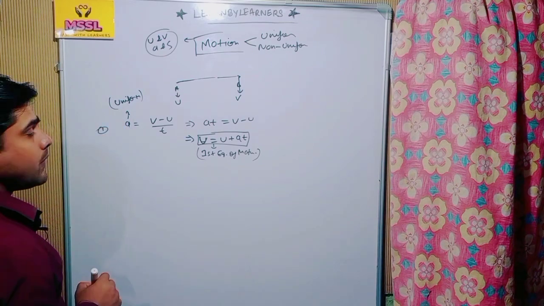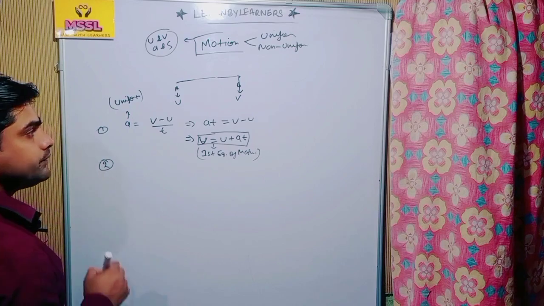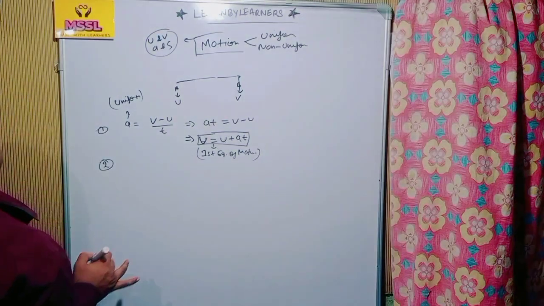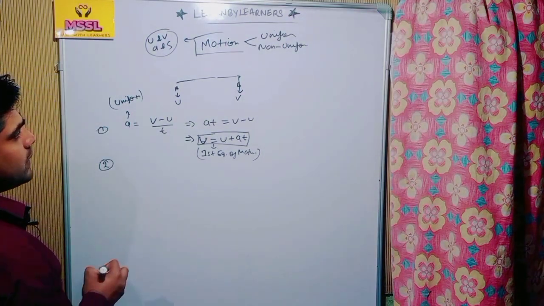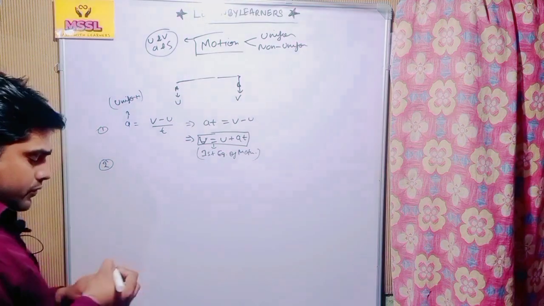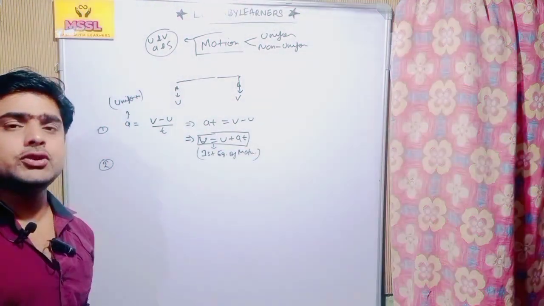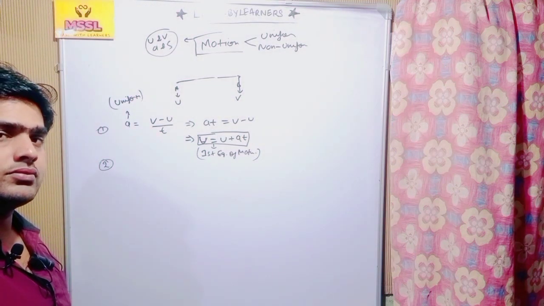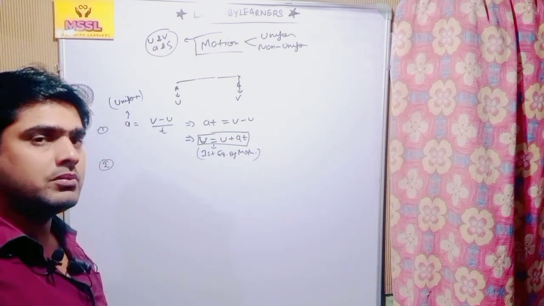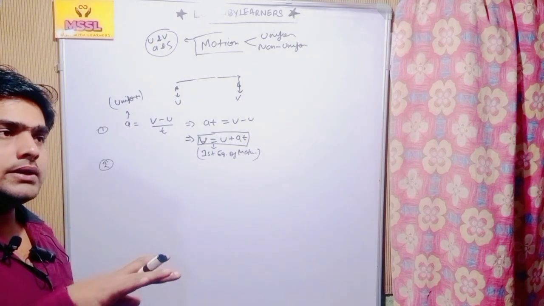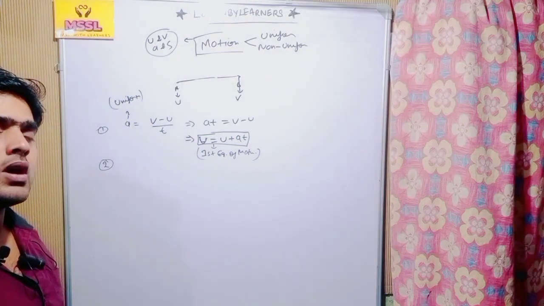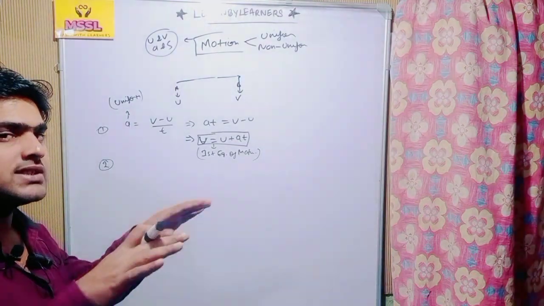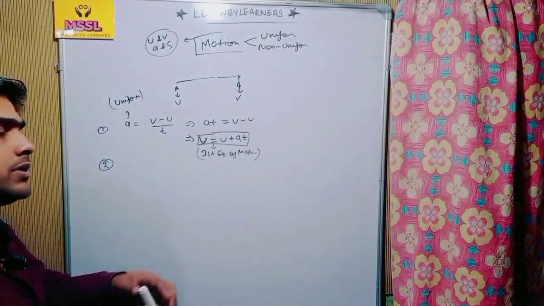Now for the second one, what we can do is find the average velocity of these two. In maths, you all know about the average, right? How to find an average number of people: you add all, the sum of all the people, divided by the total number of people.